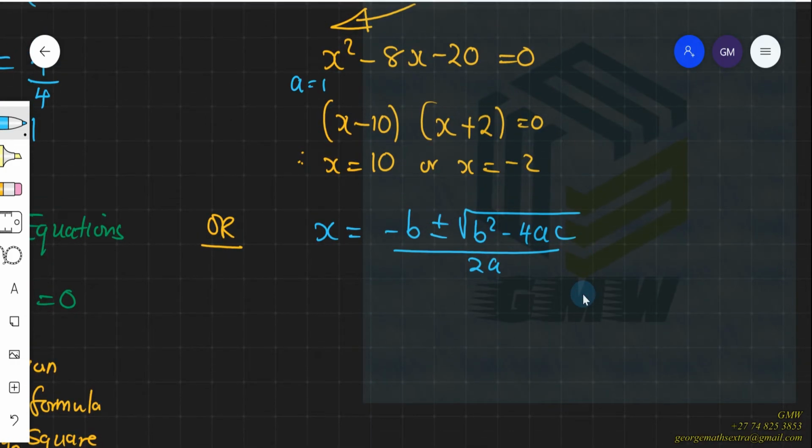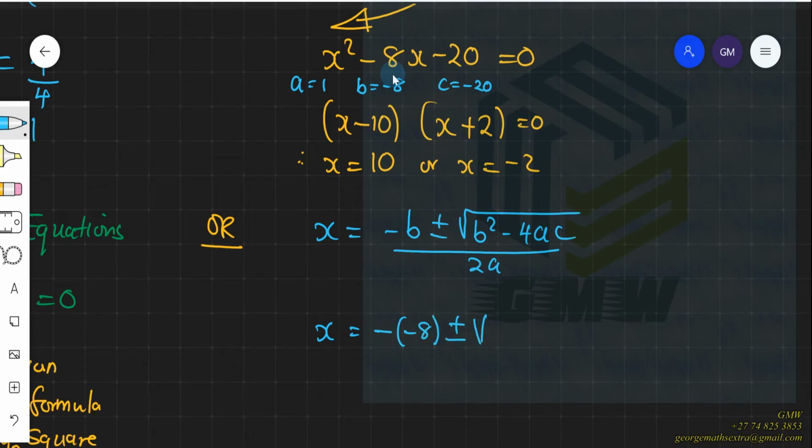My a here is 1, my b is minus 8, and my c is minus 20. Now, substituting those, I'll have my minus from the formula here. There is a negative from the formula, but also my b is negative. Please take note of how cautious I am of the signs.